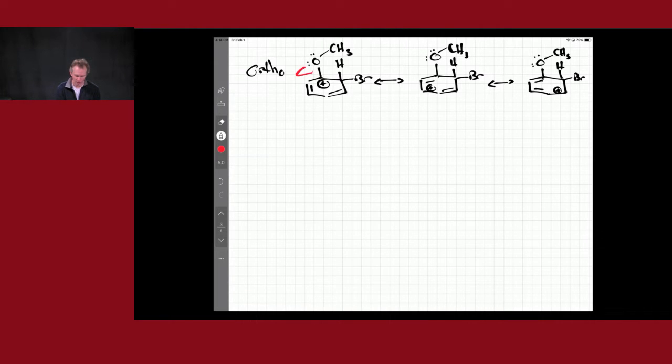If I draw those lone pairs coming down here, I can draw now a double bond between the oxygen and the carbon. So our additional resonance form would look like this, where now the double bond between that oxygen and one of the carbons of the ring is doing something quite important for this ion.